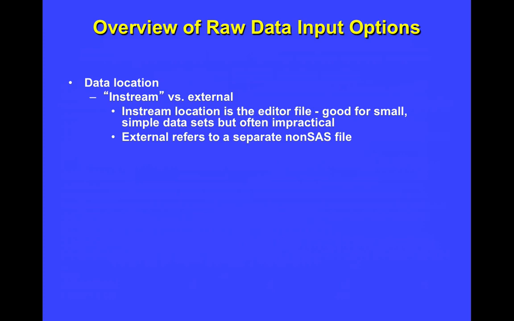It's good for very small and simple data sets, and throughout this course you'll see some examples where I read data in from an in-stream location for teaching purposes, but generally speaking, epidemiological data sets don't tend to be small. They tend to be fairly large and complicated, and therefore in-stream locations are not terribly useful.